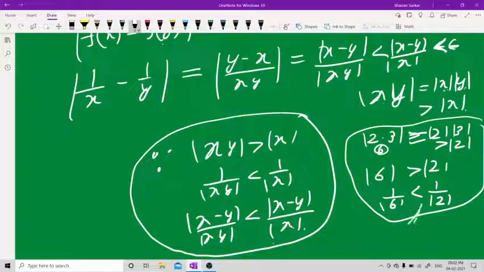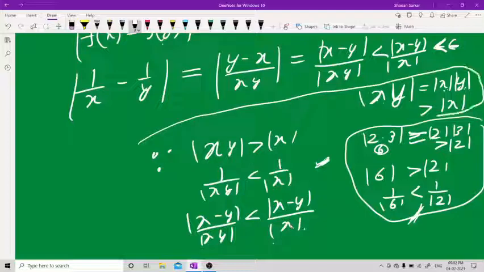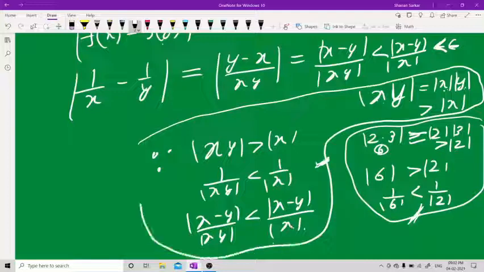This I explained to you, you have to write this. And from here you have to write this concept also. One minute, let me rub this. You should write this concept also. This is the point which is very important. This is the important point. Now this is less than epsilon.